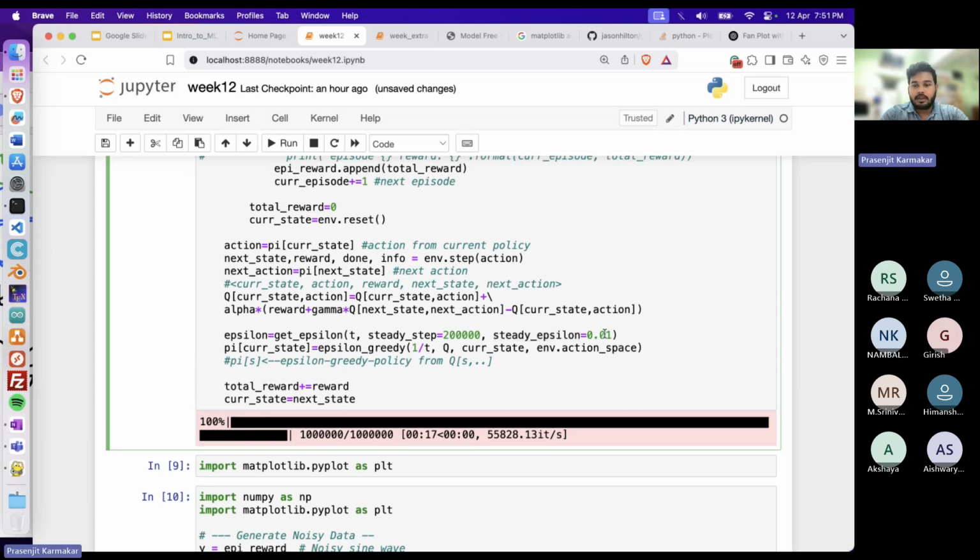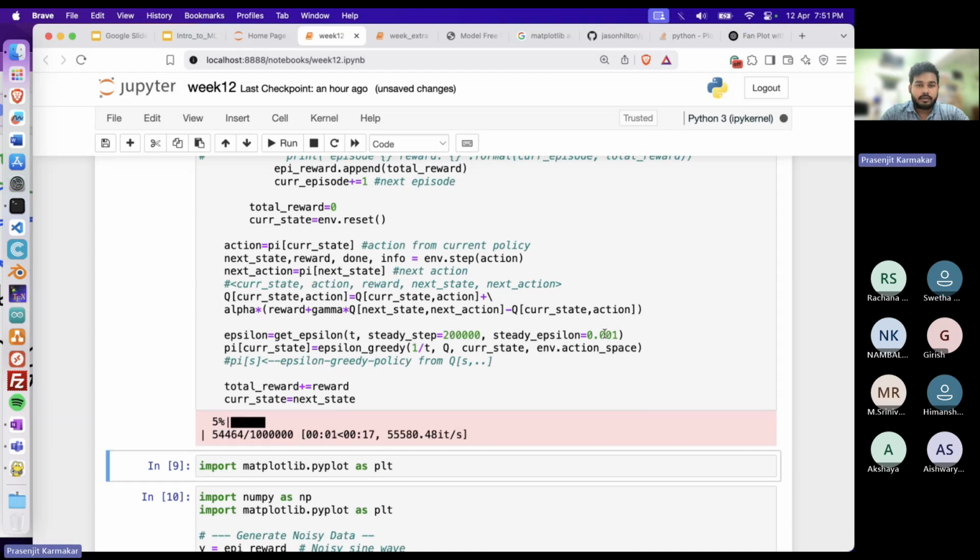Let's reduce this epsilon here. Let's go with 0.001. So basically we are now exploiting after 2 lakh steps, at a rate of 0.1%. Run.